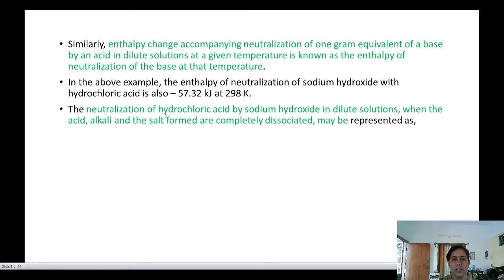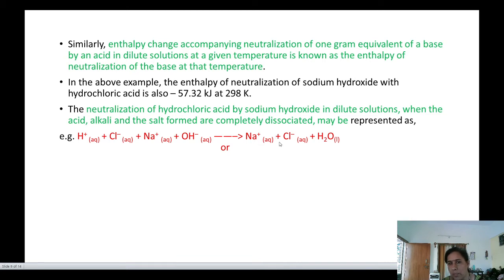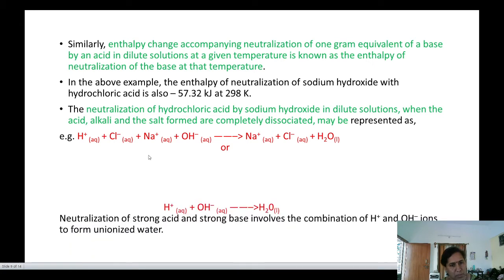Here, for the neutralization of hydrochloric acid by sodium hydroxide in dilute solution, when the acid, alkali and salt are completely dissociated, it is represented in dissociated format: H plus Cl minus in aqueous solution plus Na plus OH minus gives rise to Na plus Cl minus plus formation of a water molecule.